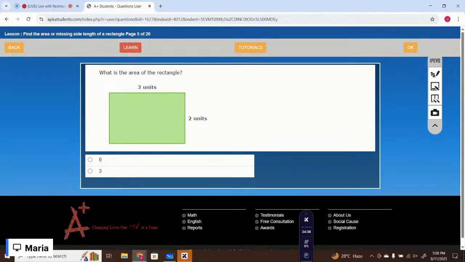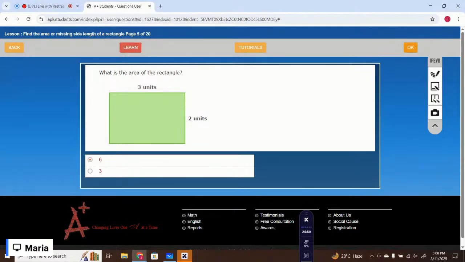The correct option is 6. What is the area of the rectangle? That is 3 times 2 is 6.